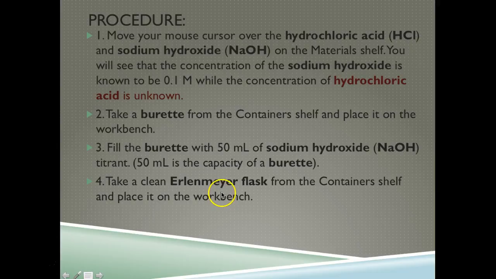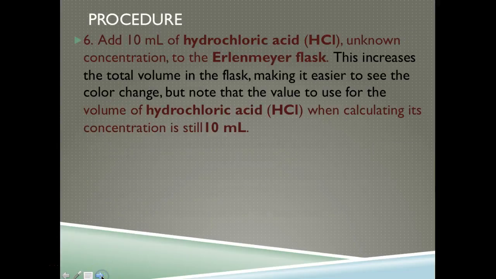Okay, now take a clean Erlenmeyer flask and place it on the workbench. Add 10 mL of water to the flask. Remember, you need volume in order to visually be able to see your titration happen. All right, and to that 10 mL of water, you're adding 10 mL of the HCl.